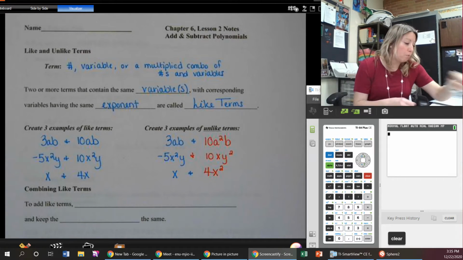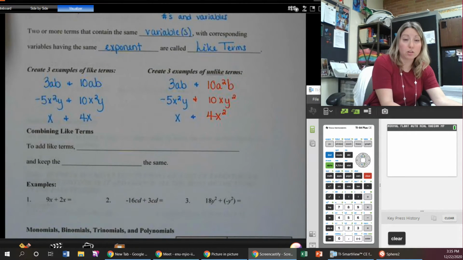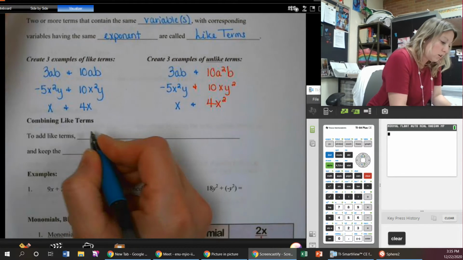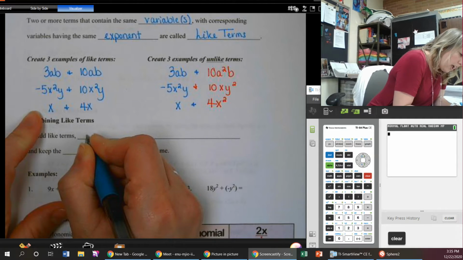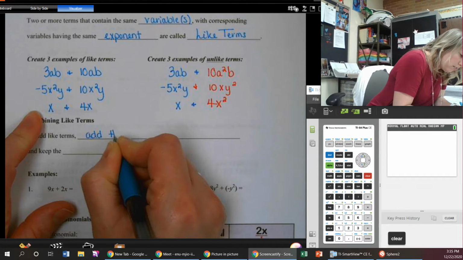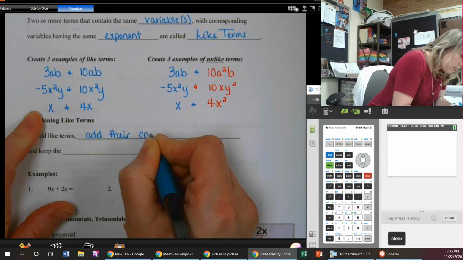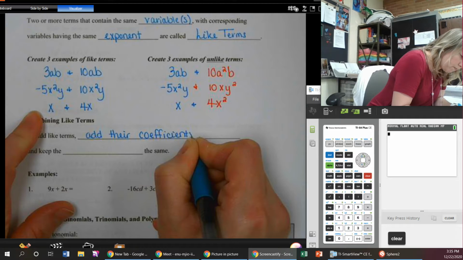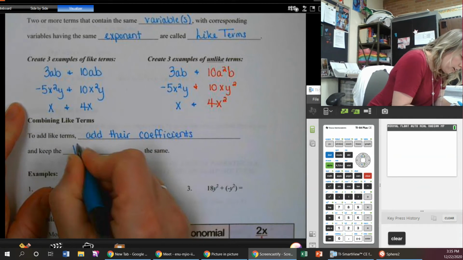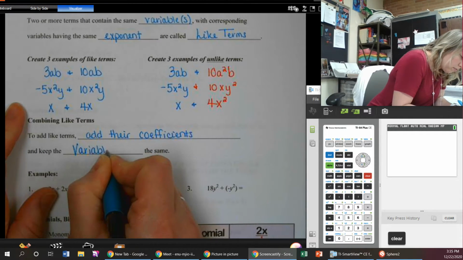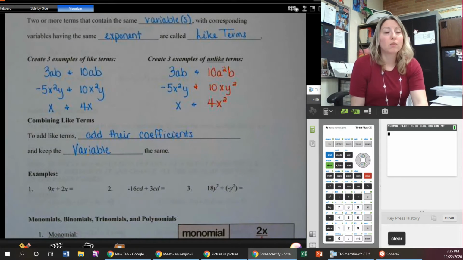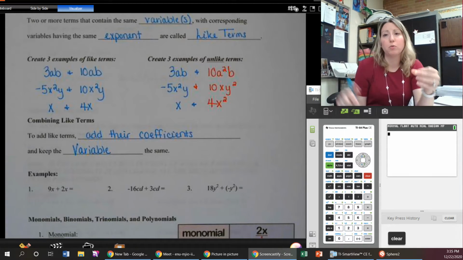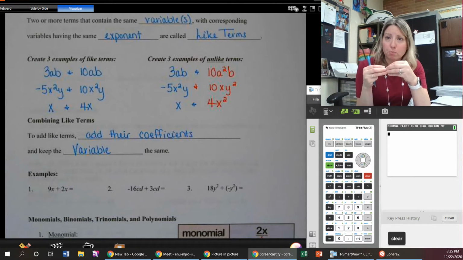Okay, so to add like terms, after you've identified if you've got like terms, to add like terms, you add their coefficients, the numbers in front, and keep the variable the same. The coefficient is the amount of that variable you have. That is what is changing when you are adding your like terms or combining them.